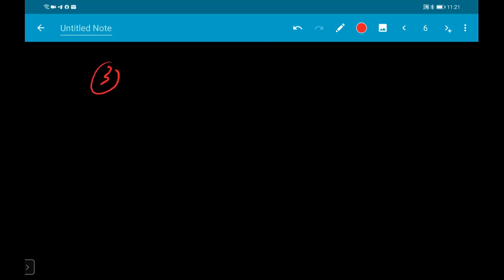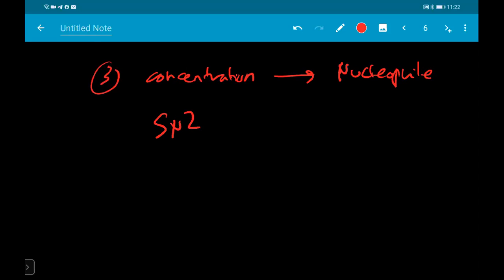The third one will be concentration. This is referring to the concentration of the nucleophile. Because you should know that SN2 is affected by the nucleophile. So kalau nucleophile tinggi, rate akan jadi tinggi.